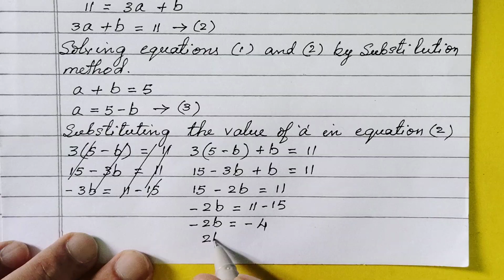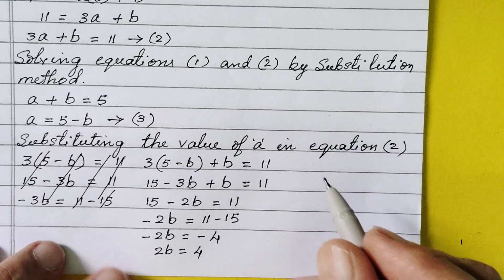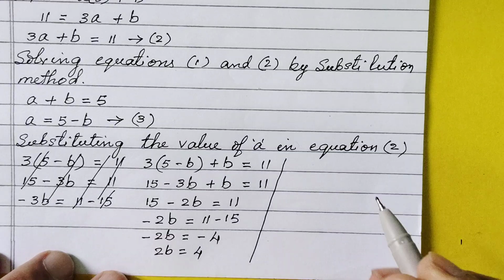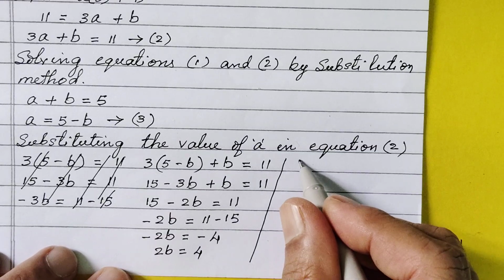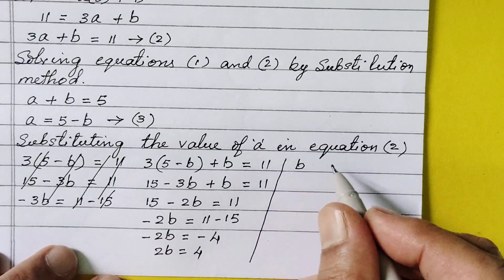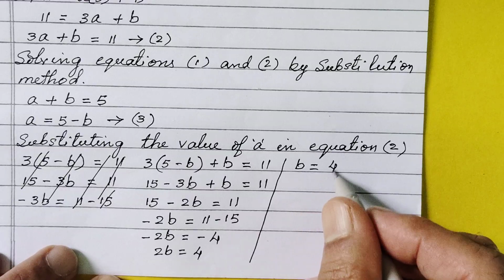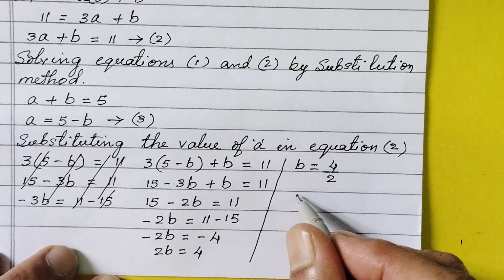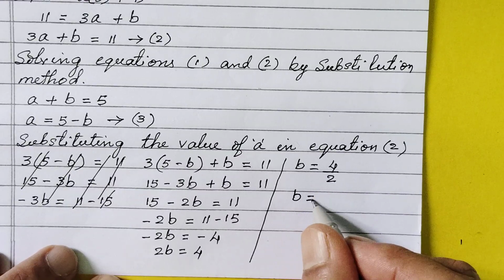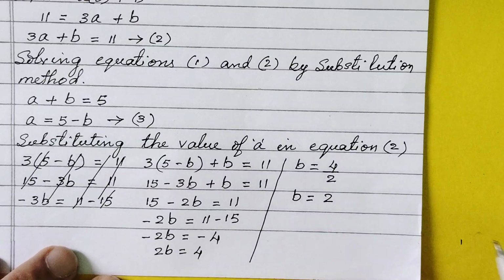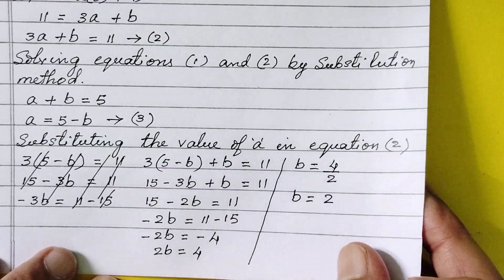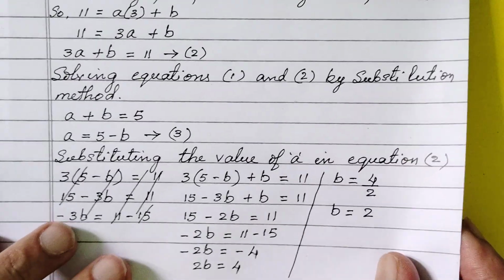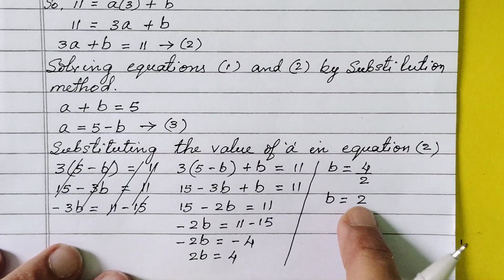So 2b will be equal to 4, and b will be equal to 4 by 2. So b will be equal to 2. So now we will substitute the value of b in equation 3.